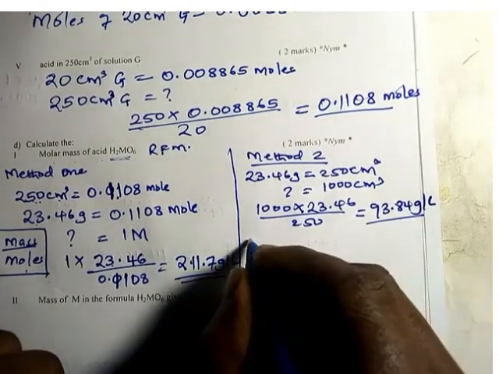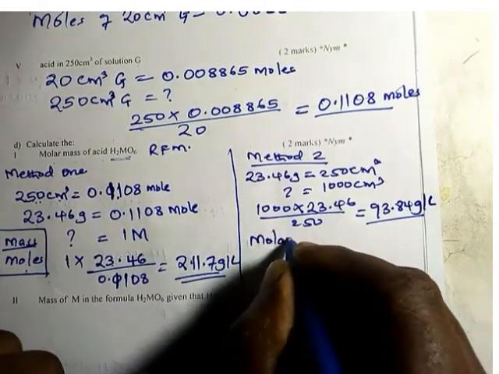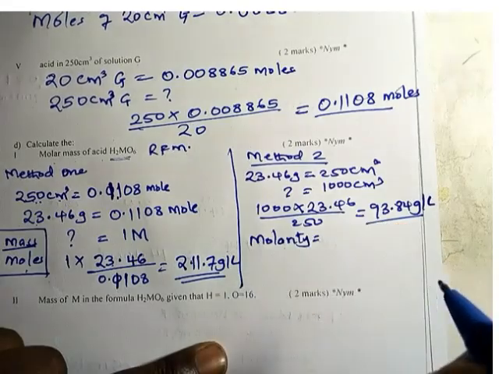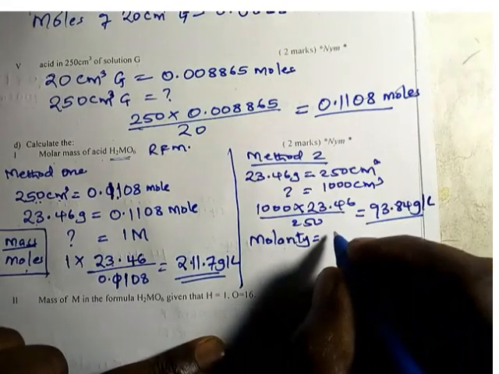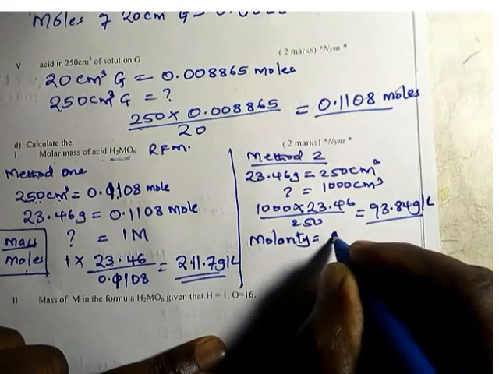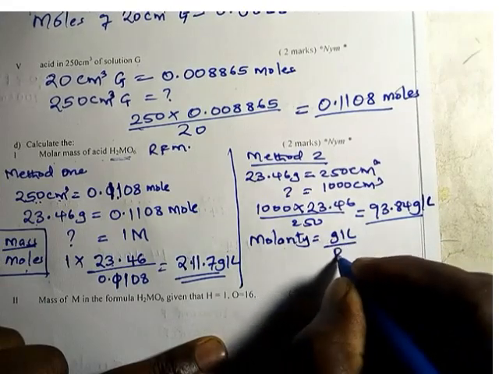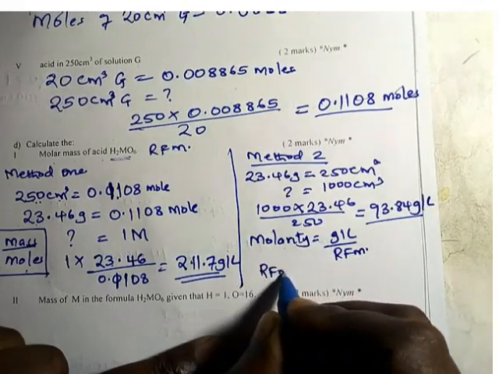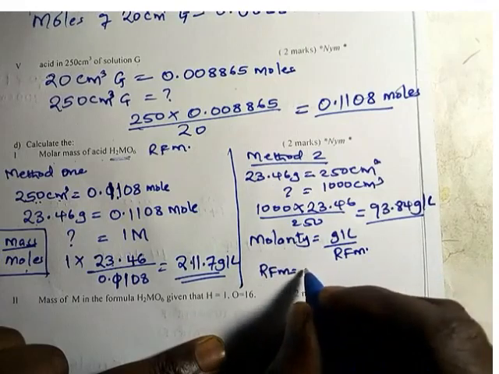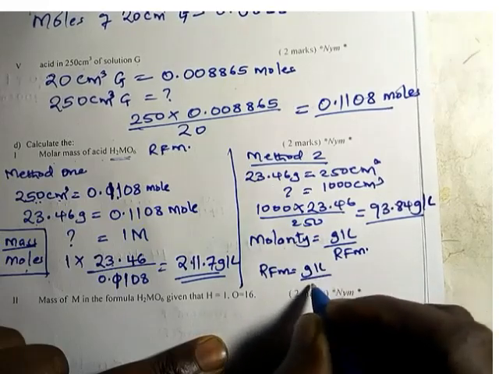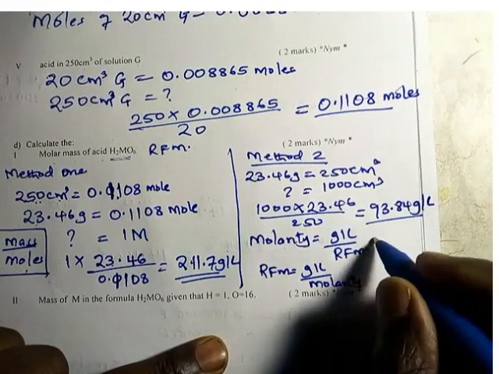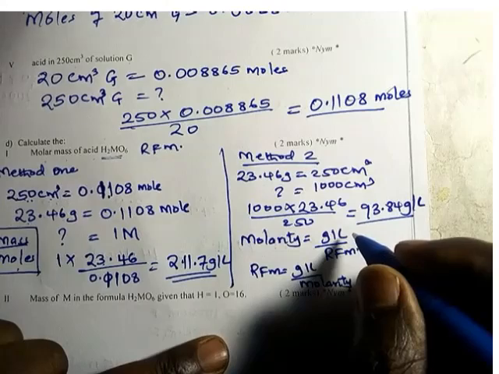But we know that molarity is equal to mass in grams per liter divided by RFM, meaning that RFM is equal to mass in grams per liter divided by molarity, right?